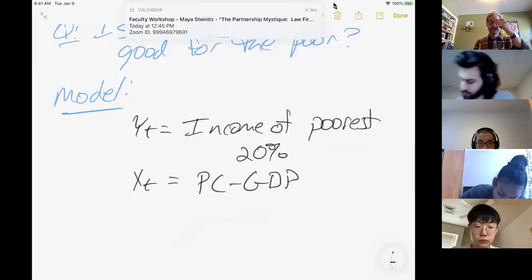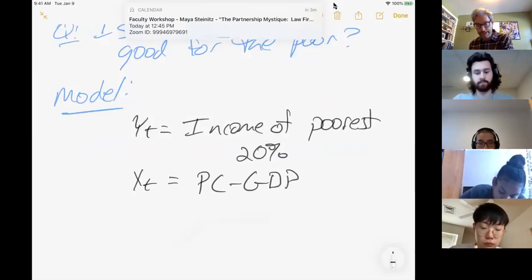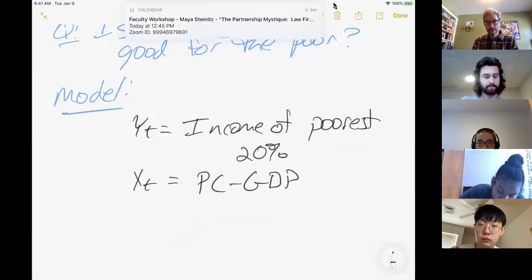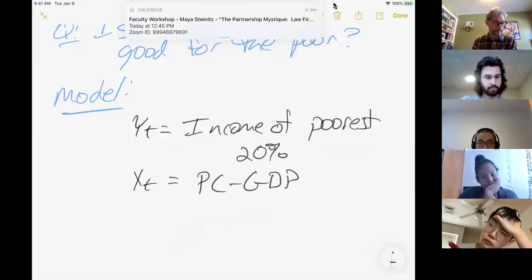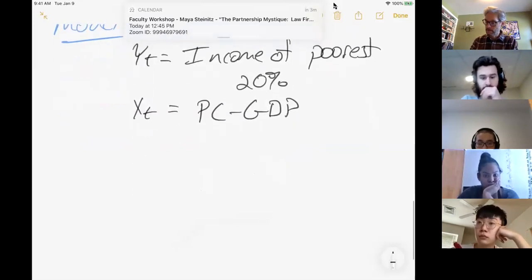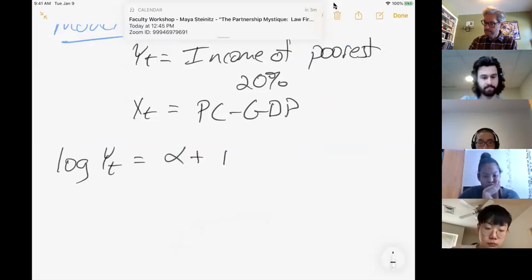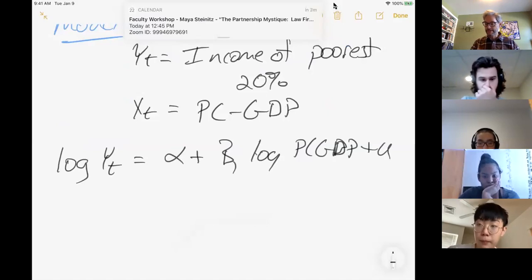So what they're interested in is, does having high per capita GDP also lead to high growth of the poorest 20%? Okay? When they do the model, they actually use the data in logs.